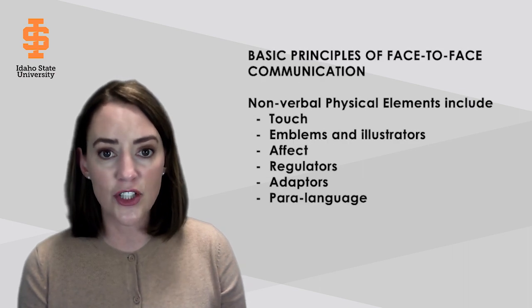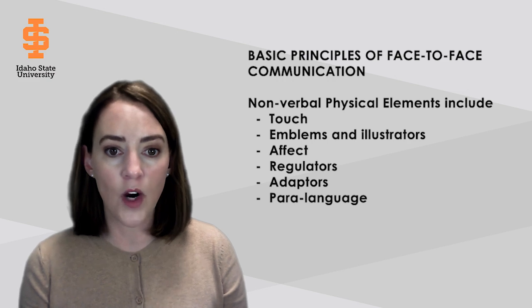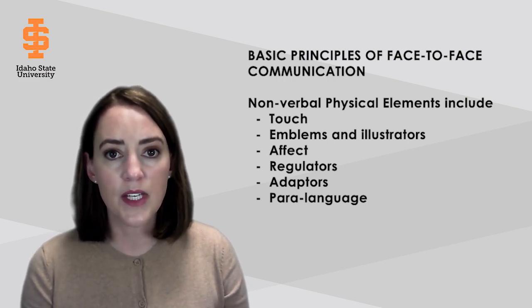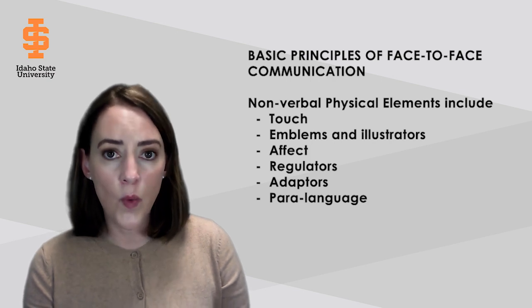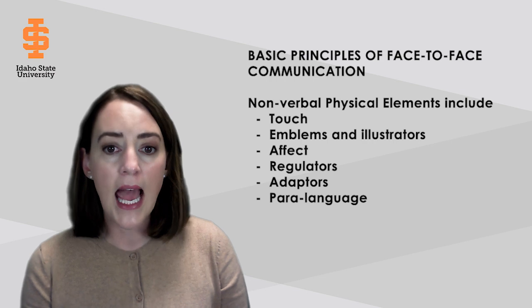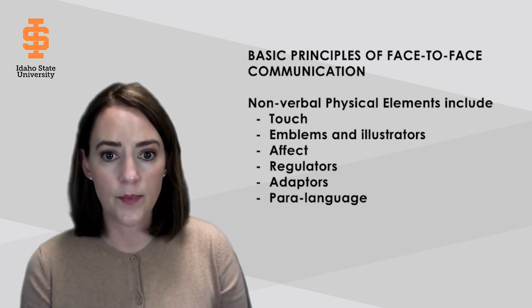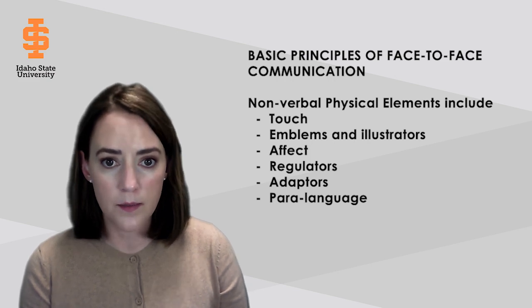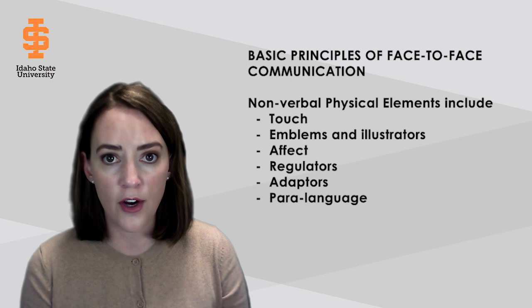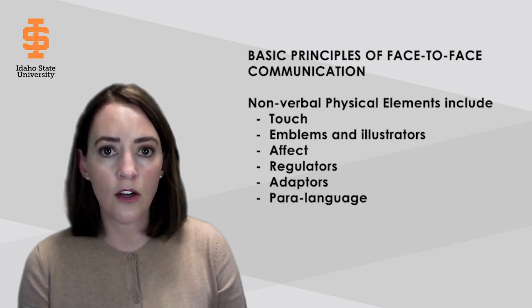Nonverbal physical elements include touch, such as a handshake or a hug. Emblems and illustrators, such as a thumbs up sign or waving your hand by your face to show that you are hot. Affect displays, known as facial expressions. Regulators, such as eye movements or shifting your weight from one foot to the other to manipulate or regulate a conversation.